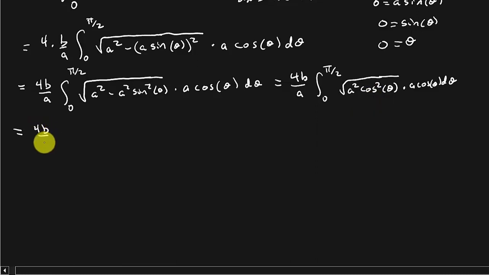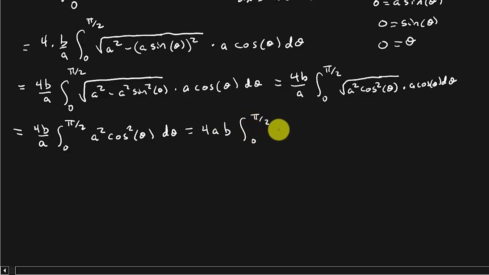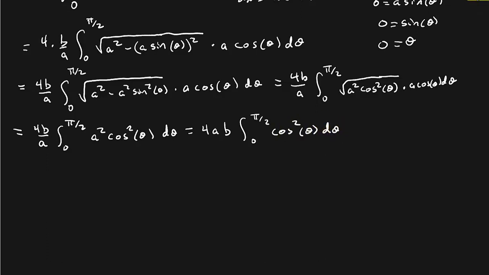So that's 4b over a from 0 to pi over 2, and a cosine theta times a cosine theta is a squared cosine squared theta d theta. That looks like a 9, but it's an a. When I bring the a squared out, a squared and a cancel, leaving the a. So that's 4ab from 0 to pi over 2 of cosine squared theta d theta.